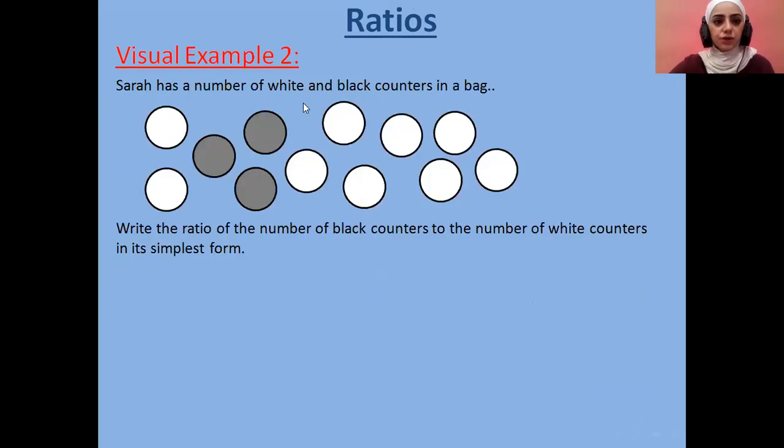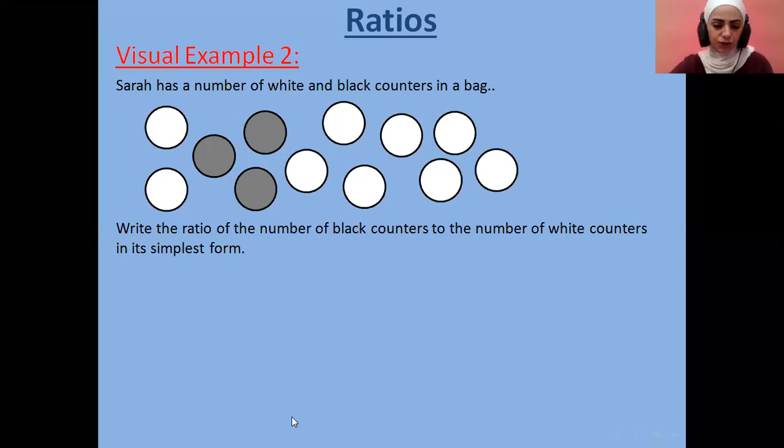Here we have another example. Sarah has a number of white and black counters in a bag. Write the ratio of the number of black counters to the number of white counters. Who can tell me what's the ratio of black counters to white counters?